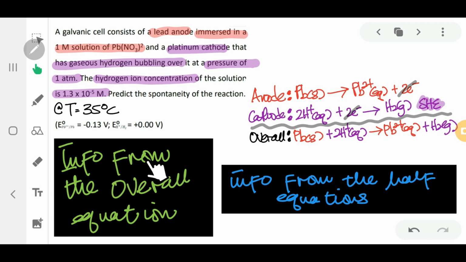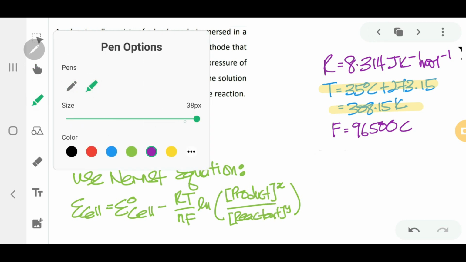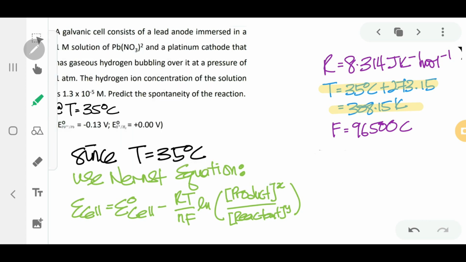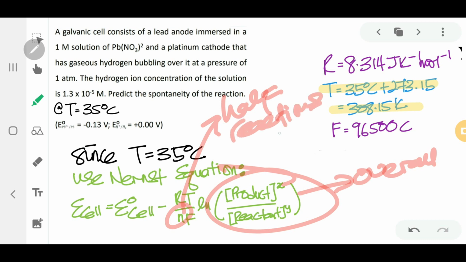The information you're going to get from the overall equation will be the quotient. Remember, we have done this just now. The quotient you're going to get from the overall equation, and the n over here you're going to get from the half reactions.